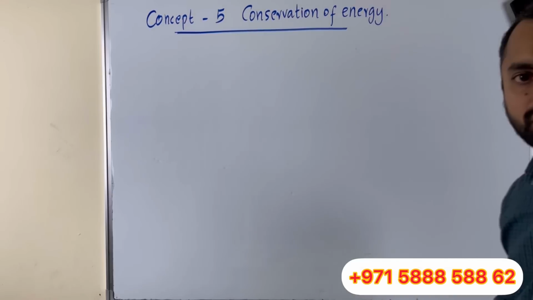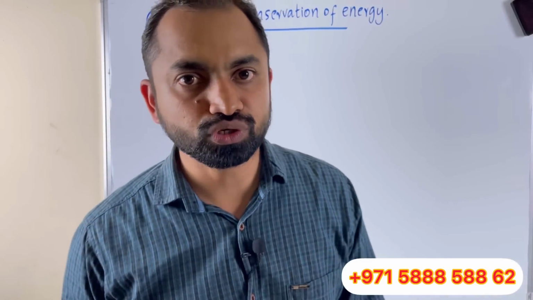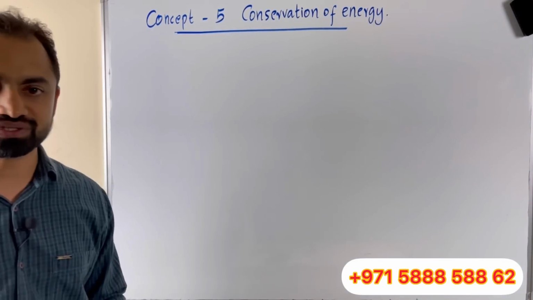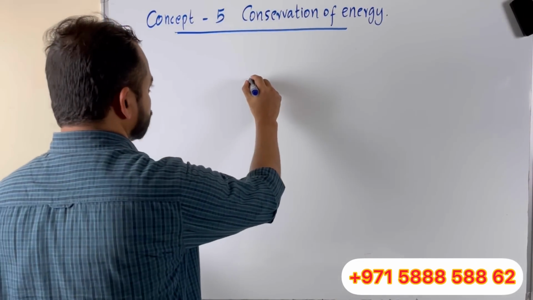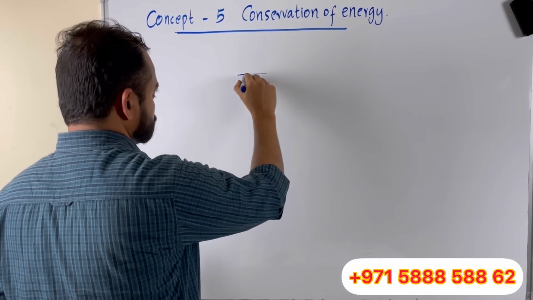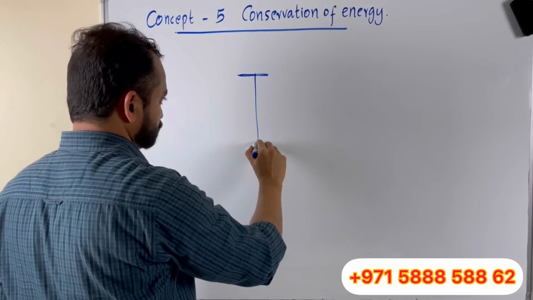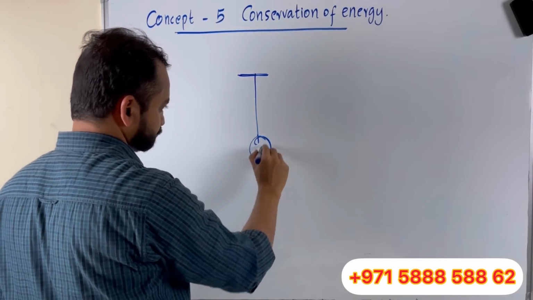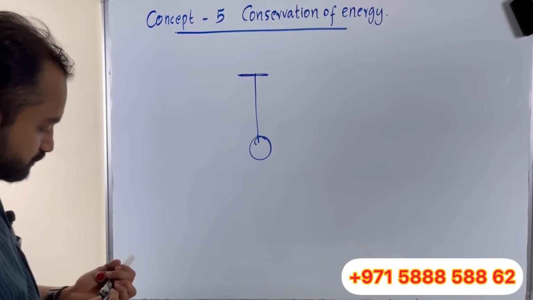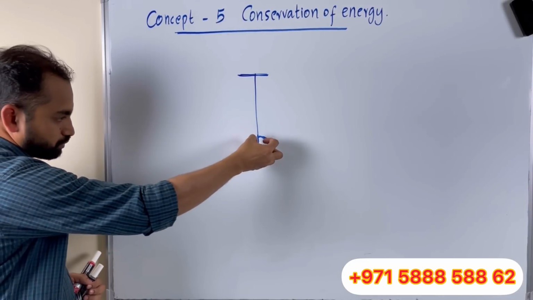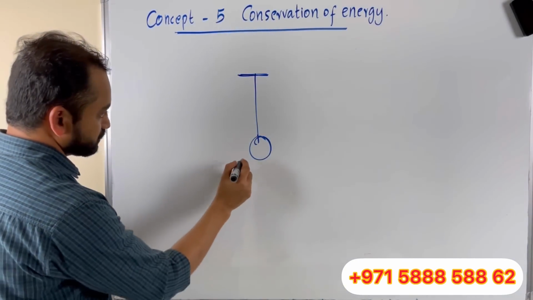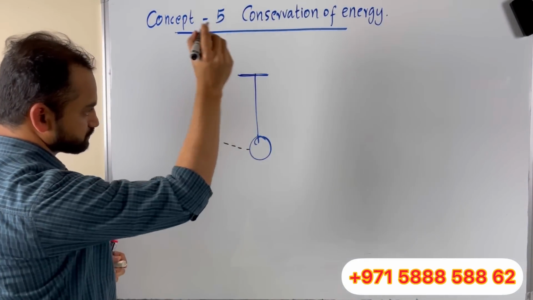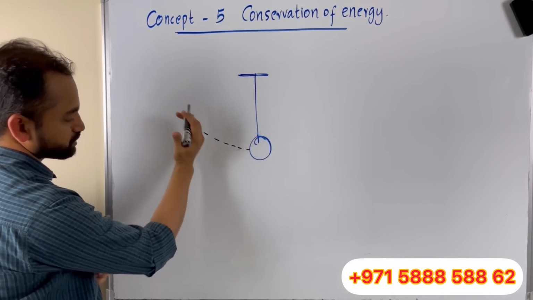Now if we take a pendulum as the example for the law of conservation of mechanical energy, here we have a pendulum. If you pull this pendulum to this side, the height of the pendulum is increasing, right?